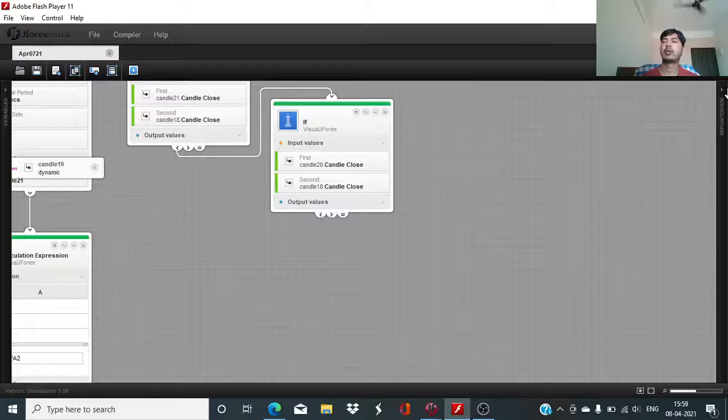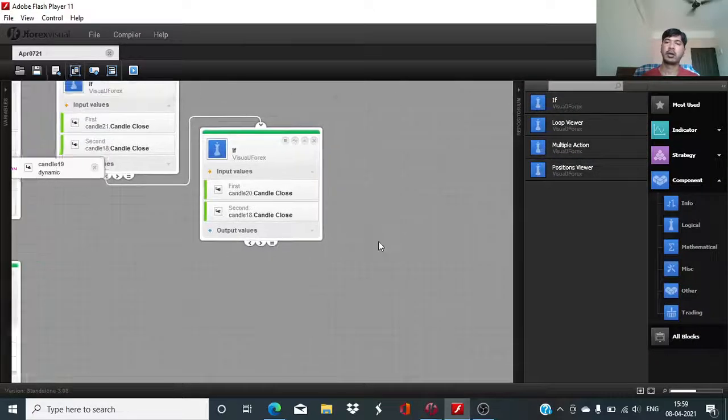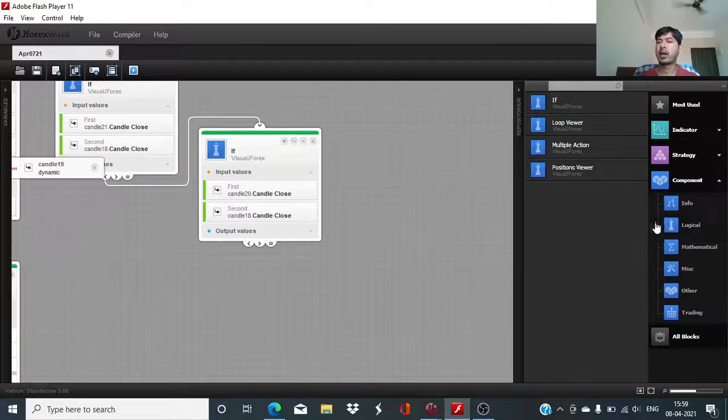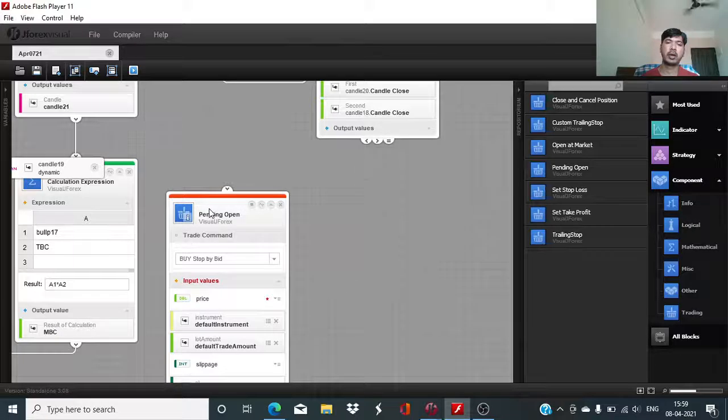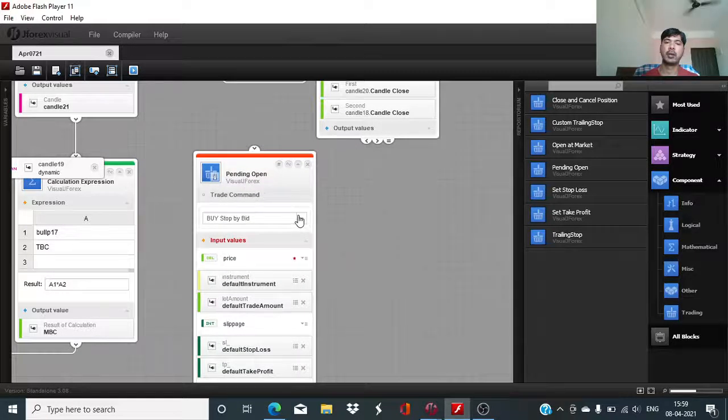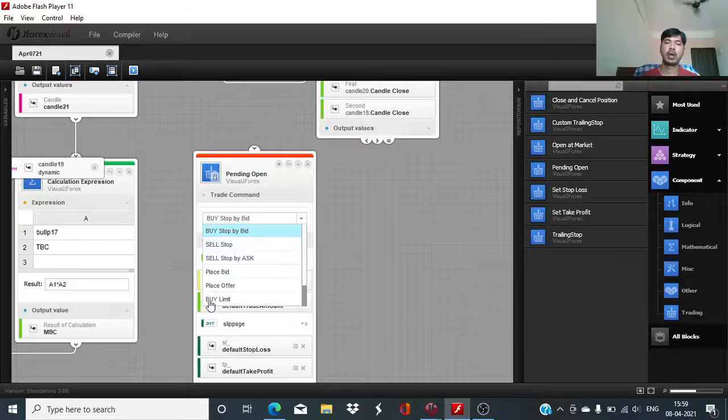and so with this we have defined the requirements, and now is the time to bring in the trading block of pending open. And here this is going to be a limit order, buy limit.